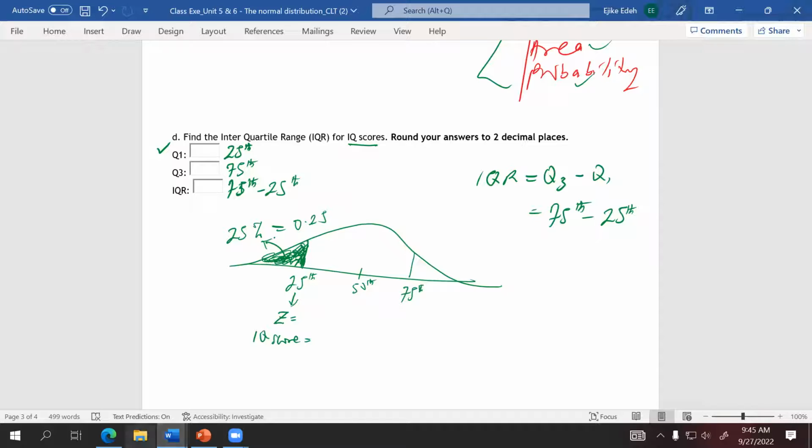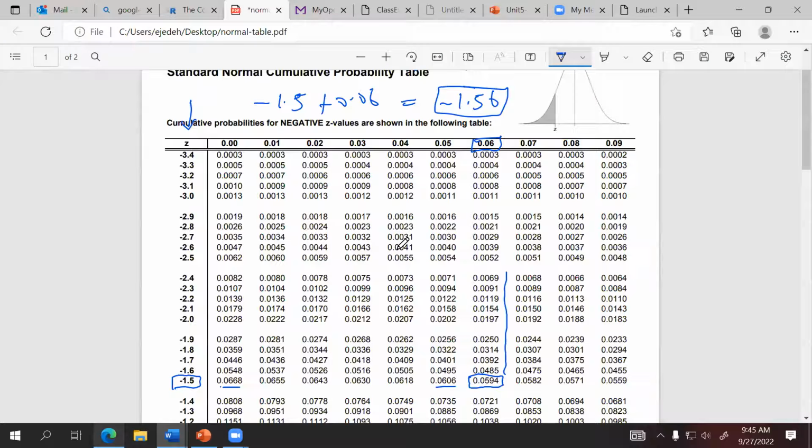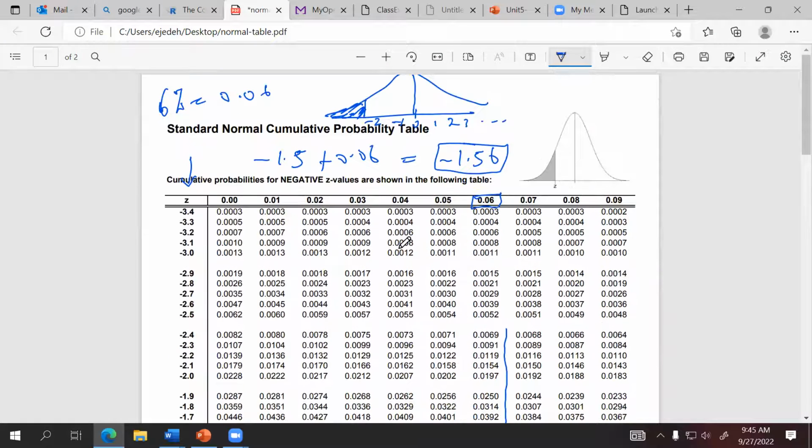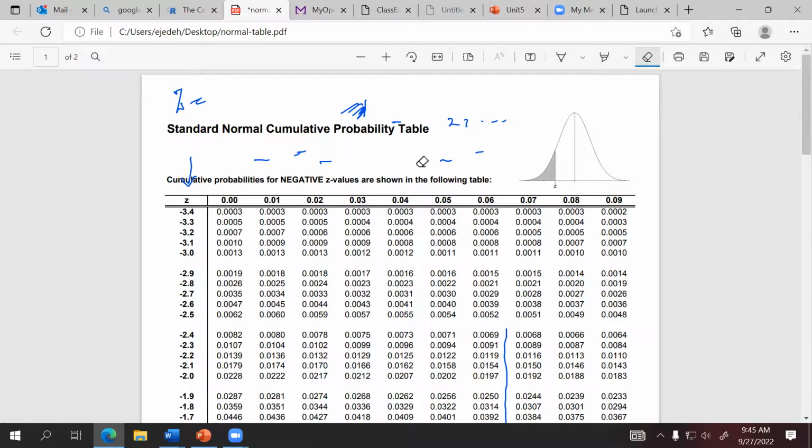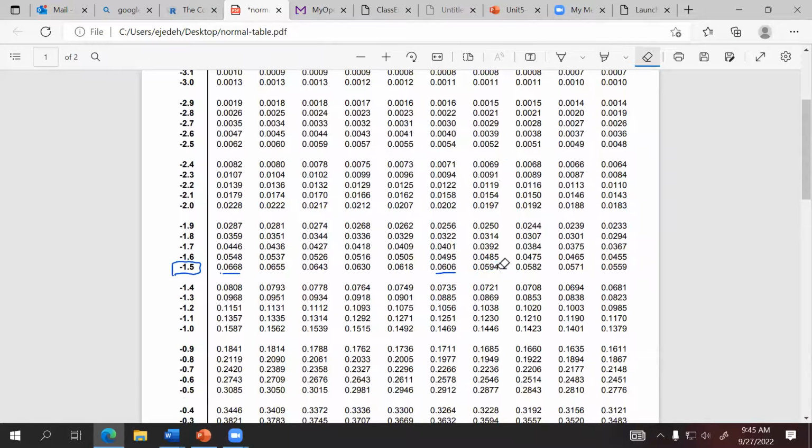So if we go to the table, you know that 0.25 should be on the left tail, so we expect the Z value to be negative. Let me clean up. So we're looking for 25% area, that's 0.25.